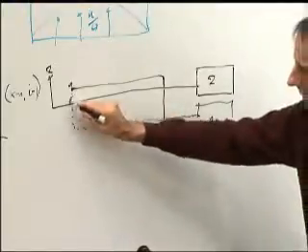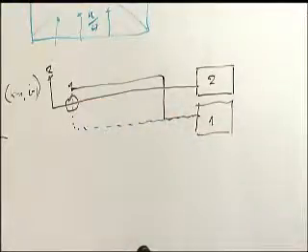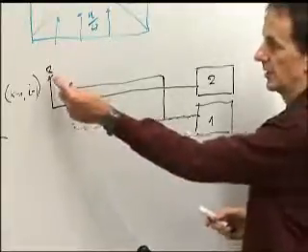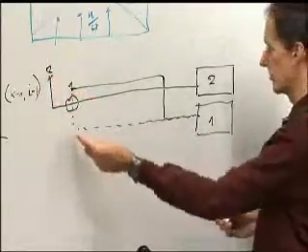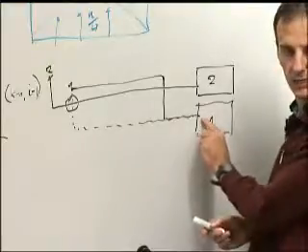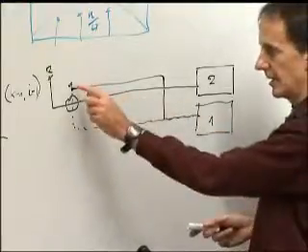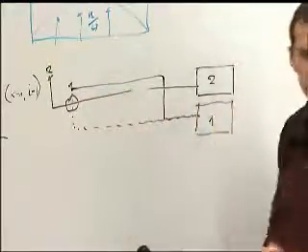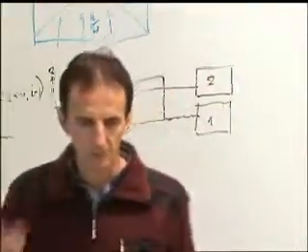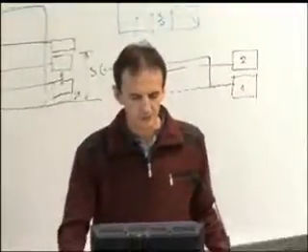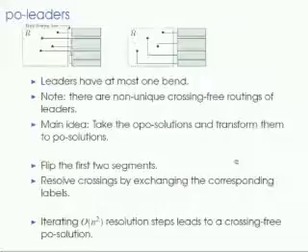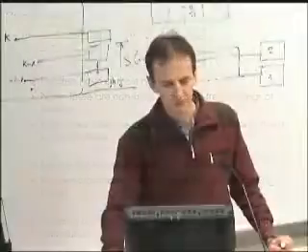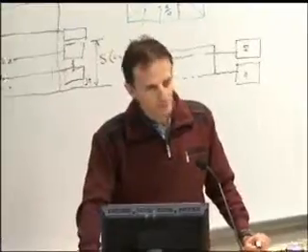And you create a crossing here. But you can resolve that by saying 2 now is assigned to 1, takes this label. And that one takes this label. That's resolution of crossings. But you have to do it several times, n squared times, eventually. And that leads to a crossing-free solution.